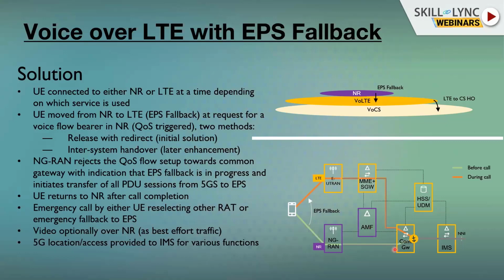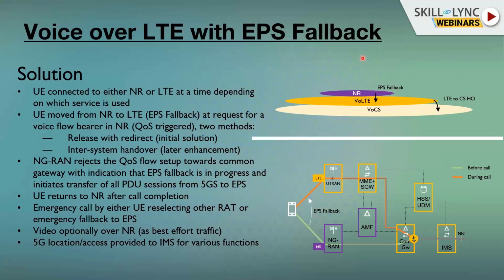And from here, AMF will request to move this call to your 4G. So this way you can make EPS fallback. This requires a very tight internetworking between AMF and MME, or I would rather say between 5G core and 4G core. So that is one of the strictest prerequisites to have this solution, voice over LTE with EPS fallback.